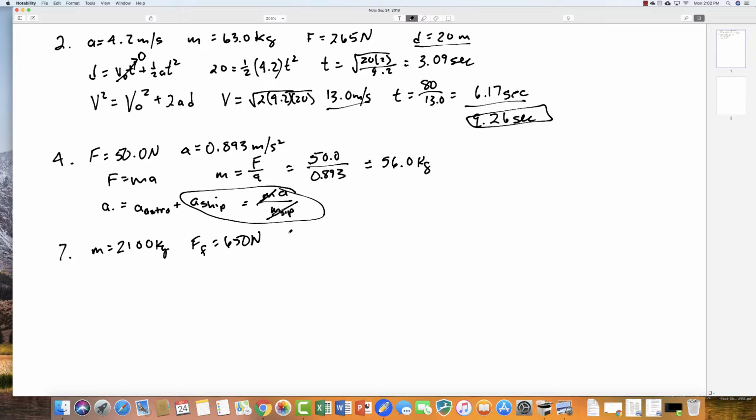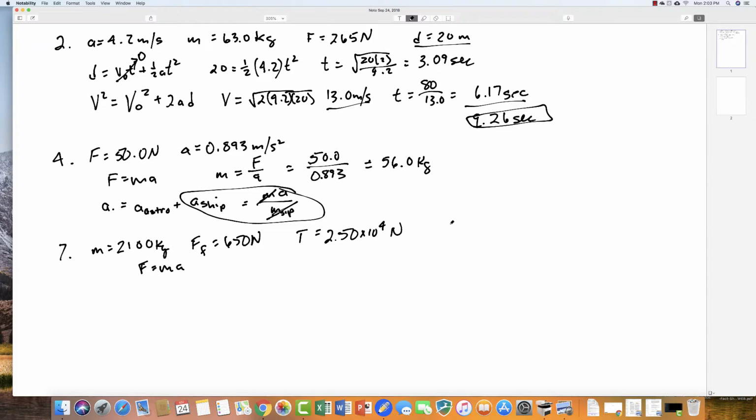And from example 4.2 on page 133, you know that each rocket has a thrust of 2.50 times 10 to the 4th newtons. And so the question is, what is the magnitude of the acceleration if you use only one rocket. And so, again, F is equal to ma.